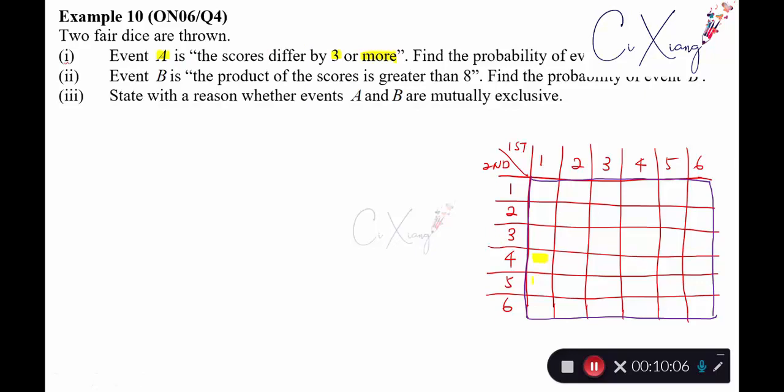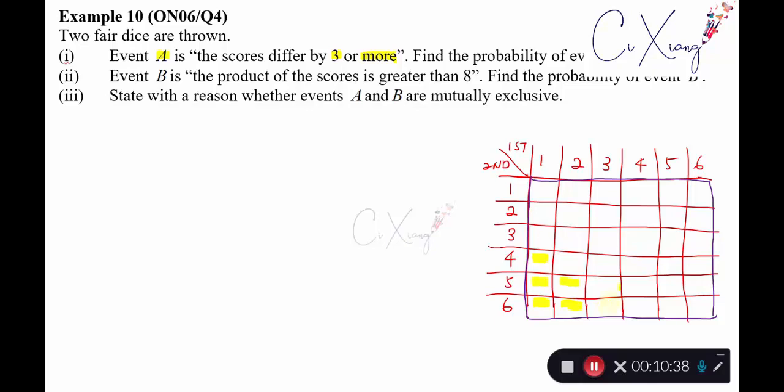The same thing happens for the next cell: 5 minus 1, you get 4, belongs to event A. 6 minus 1 equals 5, also belongs to event A. For all the cells that belong to event A, I will highlight them with yellow color, or maybe you can put a special sign. You need to check through all the possible cells, and if you go through it slowly, eventually you have all these as belonging to event A.